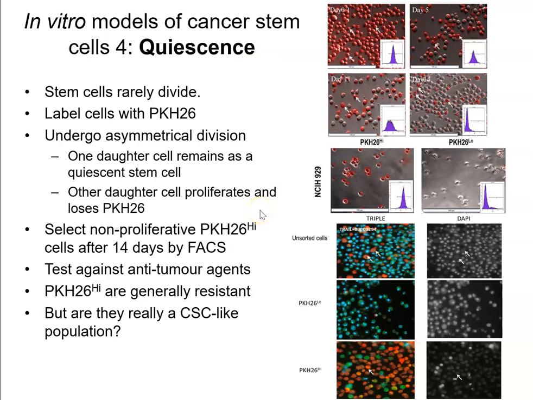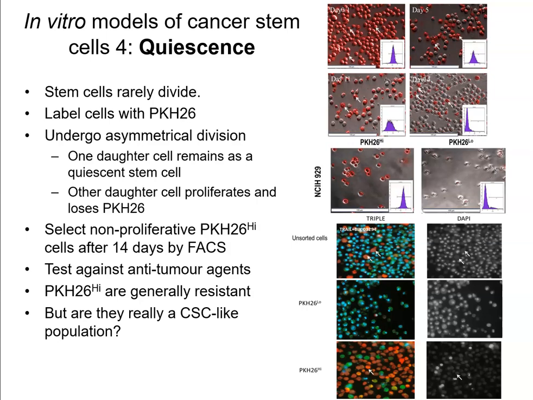And this is an experiment that we perform fairly routinely in our lab, which is to grow cells that have been stained with a dye called PKH26, and PKH26 stains the lipids red, and the only way the cell can get rid of it is by cell division, so that its daughter cells are half as red as it was, and then as cells divide more and more and more, they become less and less red.